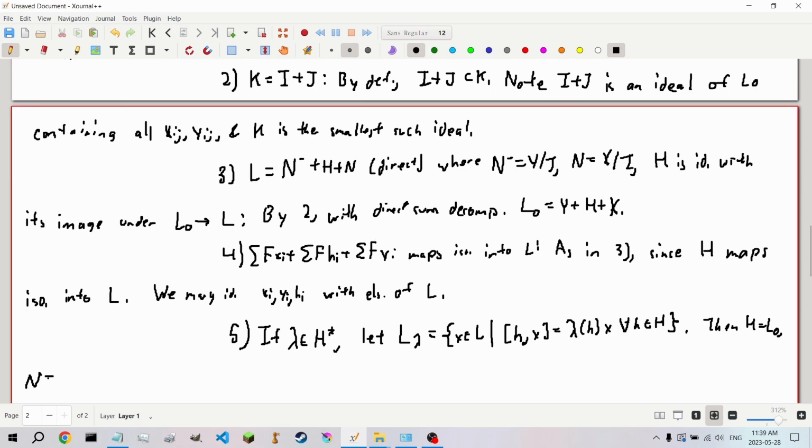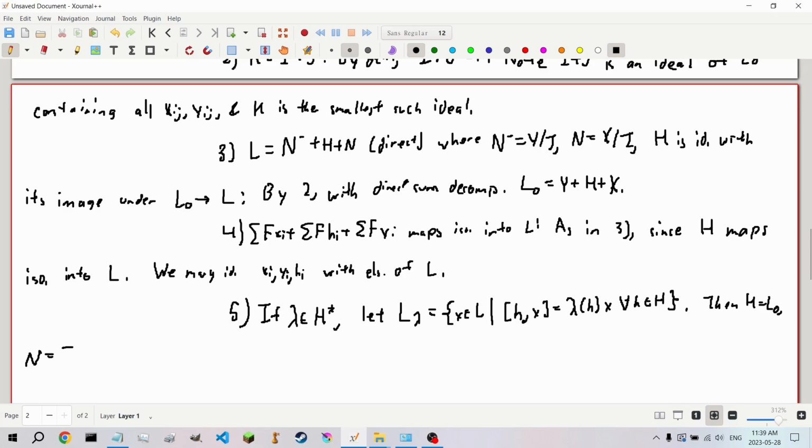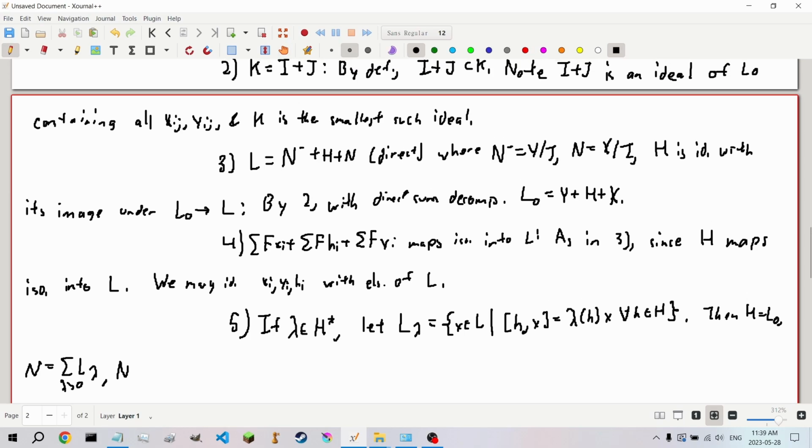N is the sum of our L lambda for positive lambda, and n minus is the sum of our L lambda for negative lambda. And each L lambda is finite dimensional. And this is direct from our previous two steps.